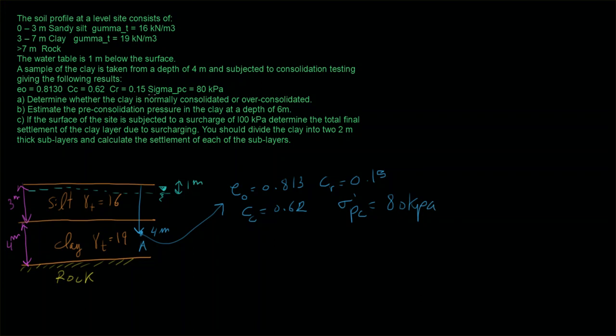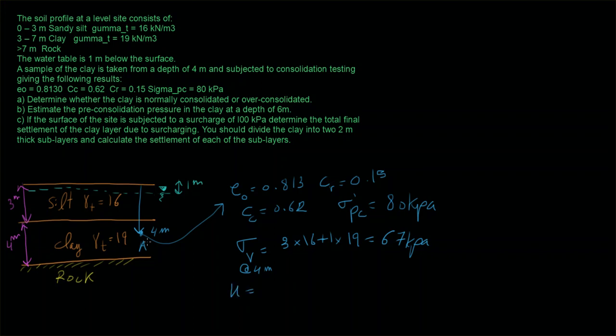We are asked to determine whether the clay is normally consolidated or over consolidated. To do that, we need to get the effective stress. So sigma V at 4 meters is equal to the first 3 meters of silt plus 1 meter of clay, and that adds up to 67. We have a pore water pressure.